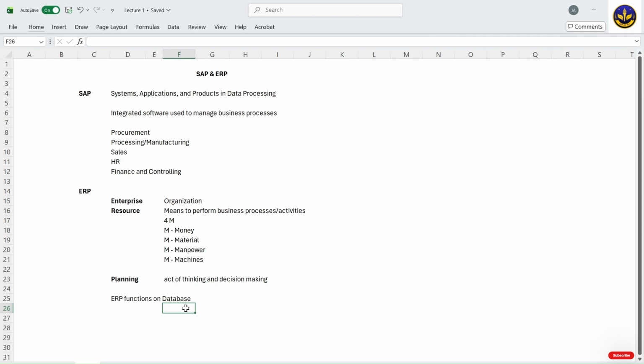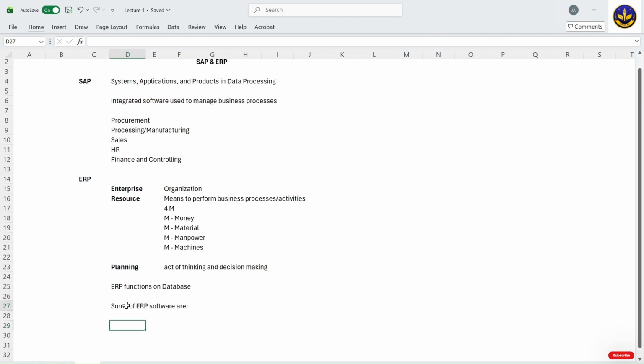Now some of the ERP software. What are the major ERP software we have? There are a number of ERP software. Let me write down a few, as we have already discussed.